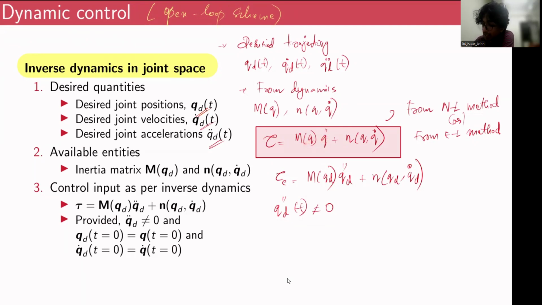The other requirement is that the actual position and the actual velocity of the robot at the very initial part should coincide with the initial position and initial velocity of the desired trajectory. For example, I'll depict this red colored line as the desired trajectory.